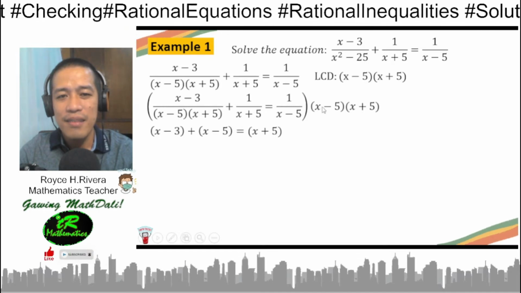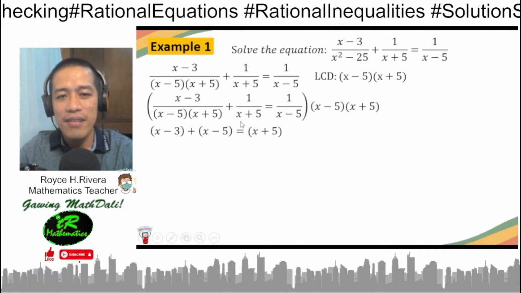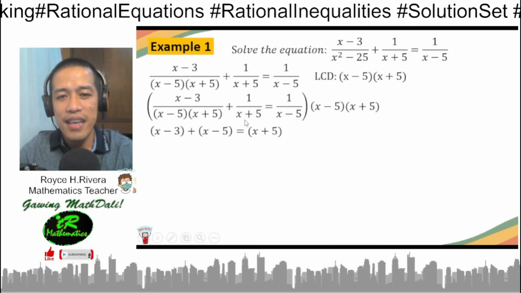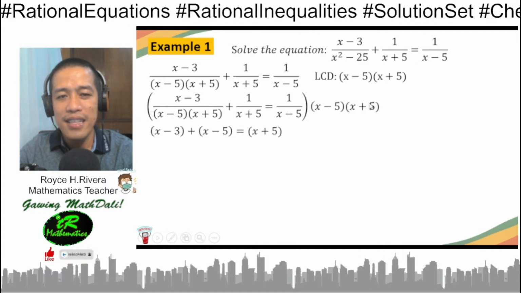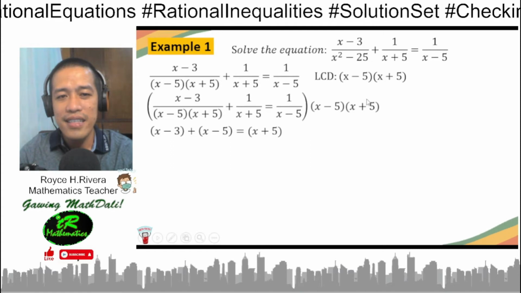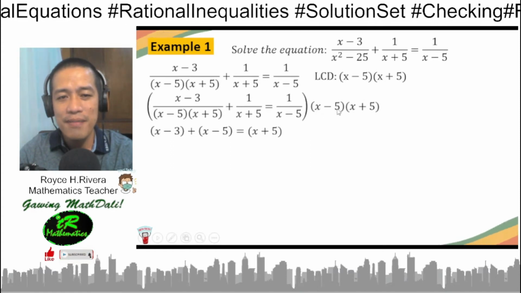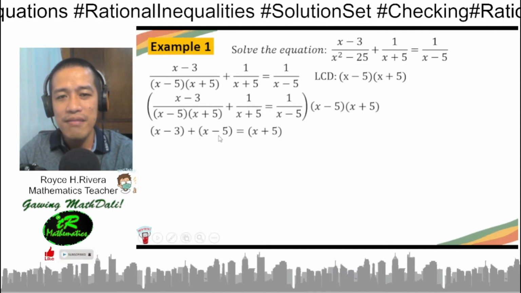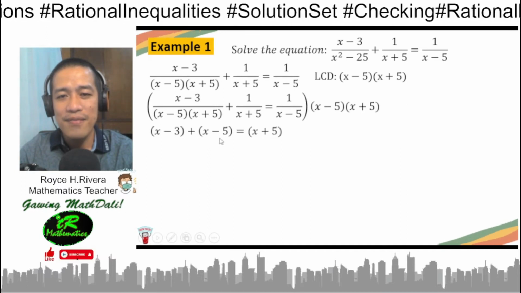And multiplying the LCD by 1 over x plus 5, the denominator x plus 5 and x plus 5 in the LCD will be reduced to lowest term, and that is equal to 1 times x minus 5 times the numerator 1. So we will have plus x minus 5.